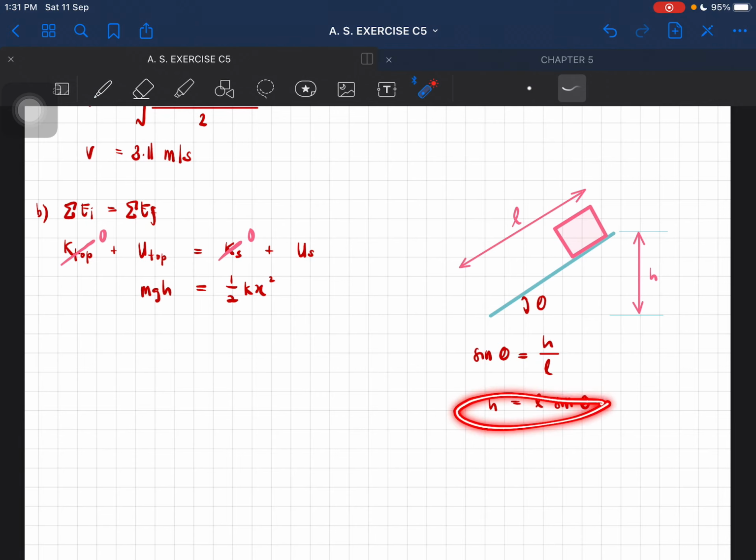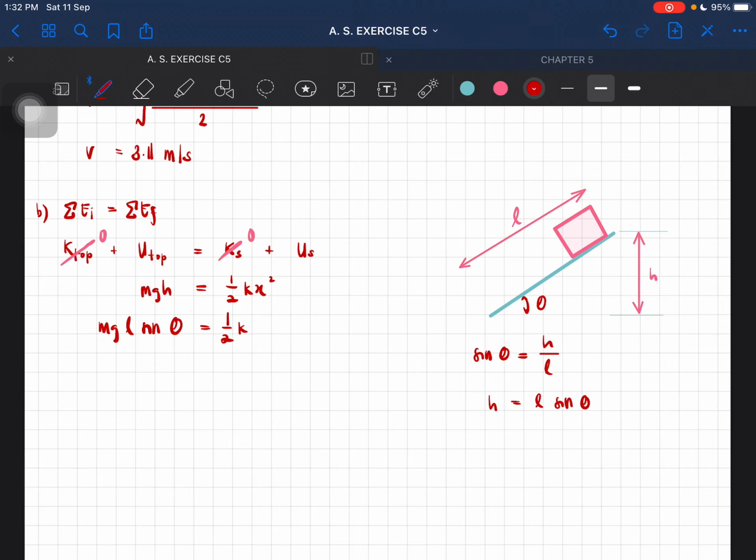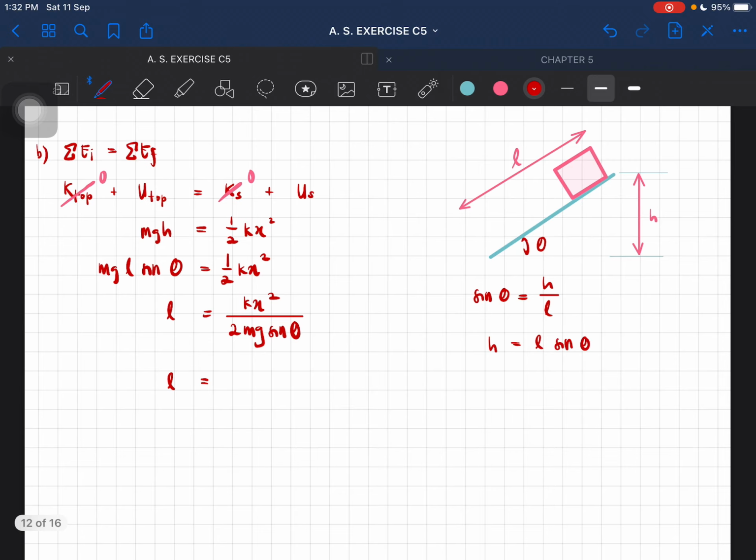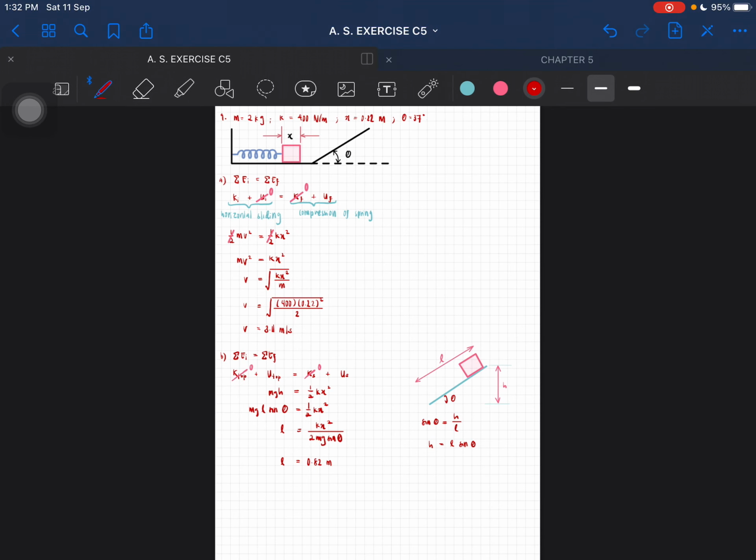Substituting into the equation, mgL sine theta equals half kx squared. So L is kx squared over 2mg sine theta. You should get the distance traveled up the inclined plane to be 0.82 meter. That is the solution for question number 9.